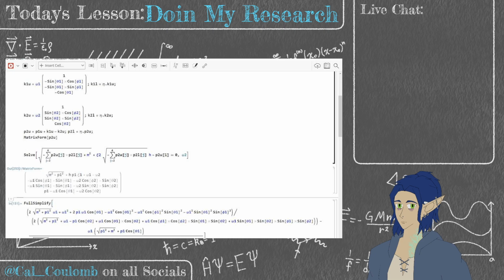This might take a little bit more time to run than the last one. Yeah, so we can see we have this correction to your conservation of energy here. Well, I guess I should have told it to only go to linear order in H, but oh well.